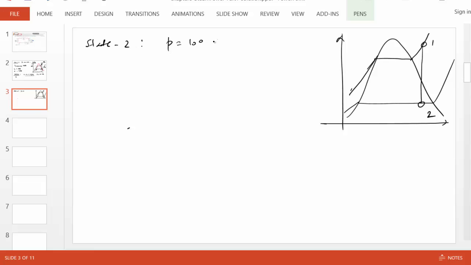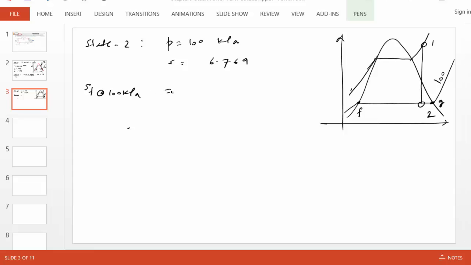Pressure is 100 kPa and entropy is known. Okay, so to find SF at 100 kPa, because remember this is the 100 kPa line, this is my F point and this is my G point.